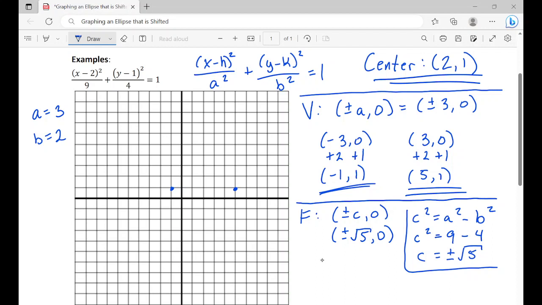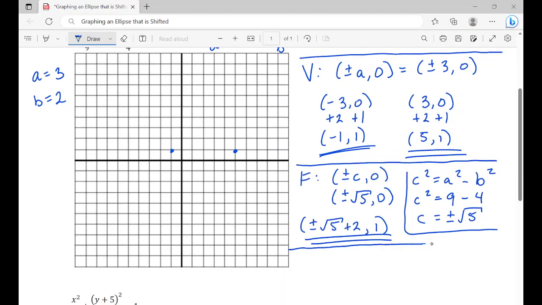We can just write it as 1 point, plus or minus root 5 plus 2, 1. So this is the 2 points of the foci: a positive root 5 plus 2, 1, and a negative root 5 plus 2, 1.